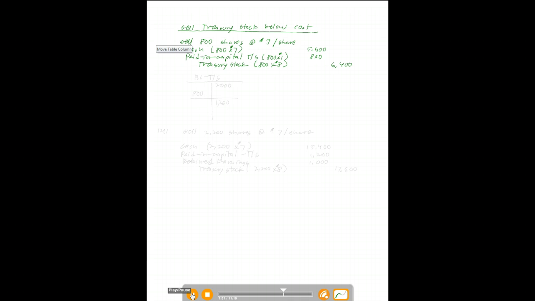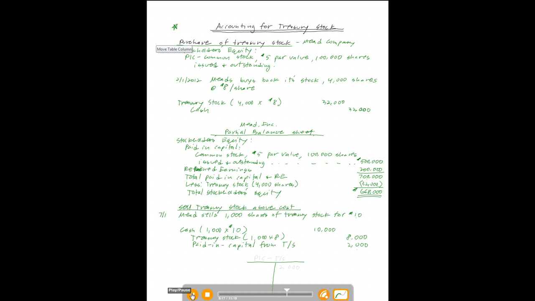We bought 4,000, we've sold 1,000 at $10, and now we've sold 800 at $7. Now I want to make a point. The only reason that we could debit paid in capital from treasury stock is that we had previously credited paid in capital from treasury stock. So if we were to do a T account, paid in capital treasury stock, we can debit this up to $2,000, and then we have to take it out of retained earnings, the remainder, if there is any.